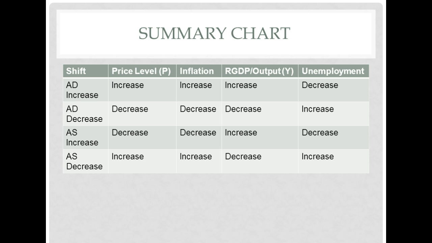I'll stop the recording at this time, but it may be a good idea to jot this chart down and begin to familiarize yourself with it. We're going to need to get comfortable with the idea. It should be fairly easy for us to now say, and for you to know, if aggregate demand increases, I know that prices are going to rise, and therefore inflation is going to rise, and our GDP is going to increase, and therefore unemployment is going to decrease, and so on and so forth.